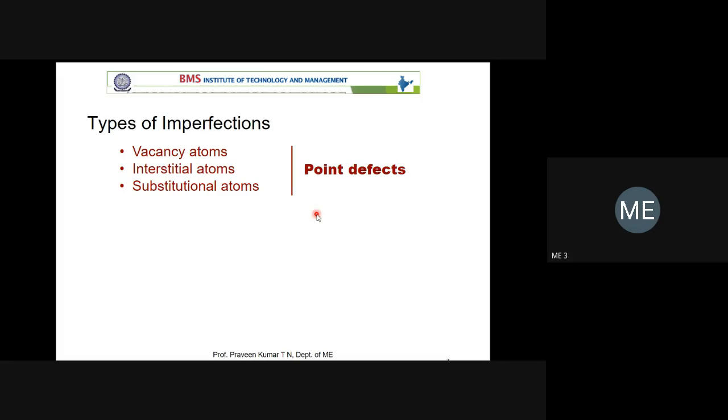Like one guest is coming to your class, so he will get up and give the space for the guest. In a similar way, one atom is substituted by another atom, or the parent atom is substituted by the alloying atom, or the solvent atom is substituted by the solute atom. Those are the terms you have to use.